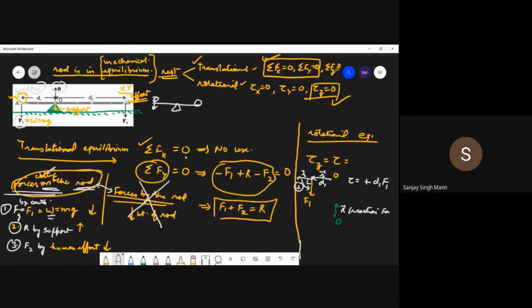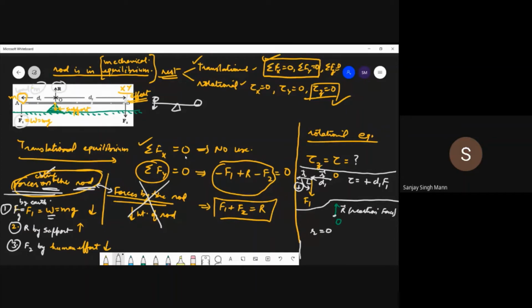This is your force. Now what is small r, meaning the distance, in this case? Yes. What is small r in this case? See, this is your point of application of force. This is the origin. So the distance between the axis and the point of application of force is 0. So r is equal to 0 here.